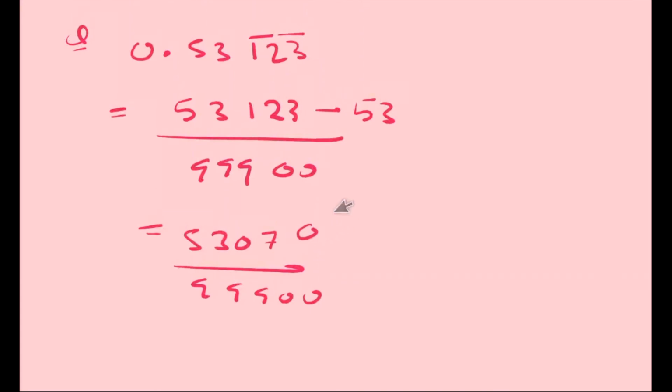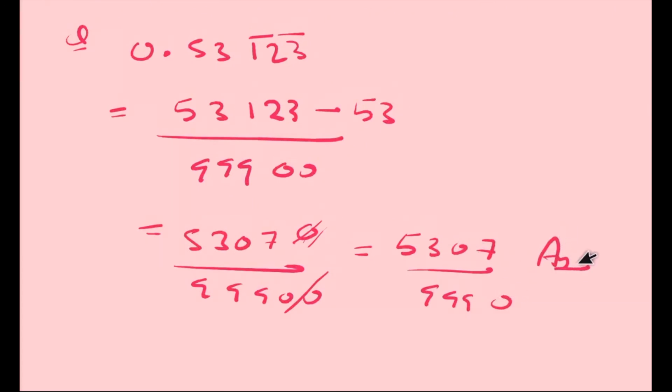Add it again: if you add 3 here, 7 plus 5 is 12. This way you have to check. Now if this can be cancelled or simplified, then you can cancel and simplify. If it cancels more, then write it, otherwise that is the answer.